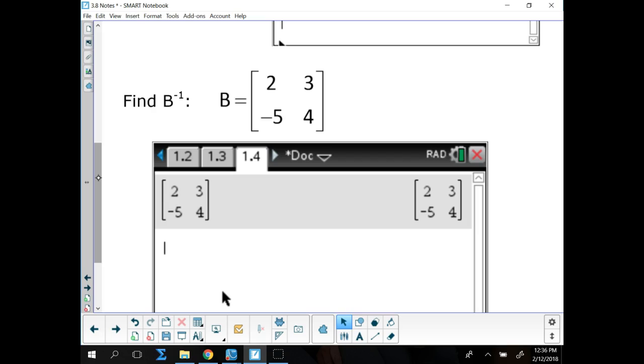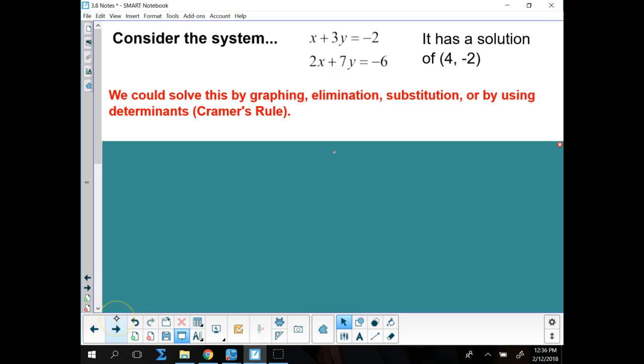That's the downfall, is it distributes that 1 over the determinant into the matrix. It doesn't leave it out in front. Okay? But you just leave your answer in fraction form then.